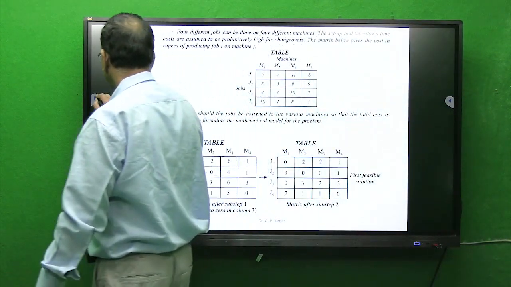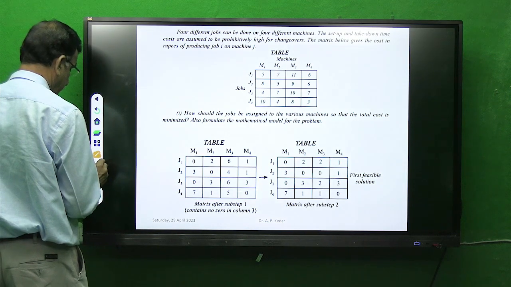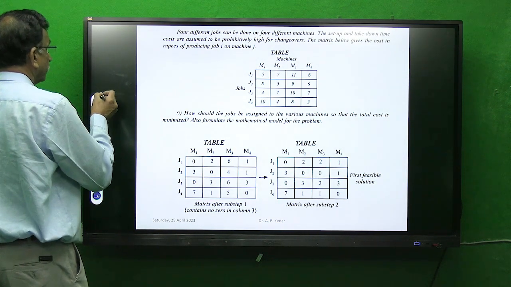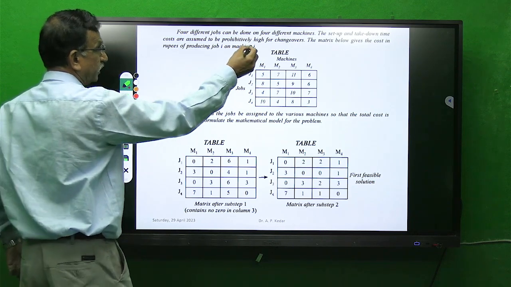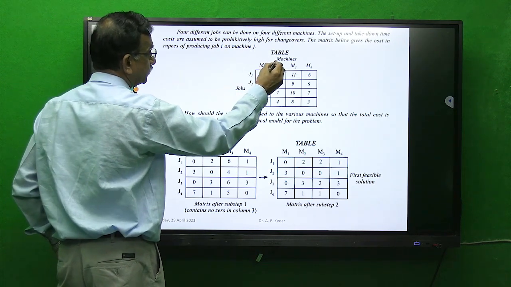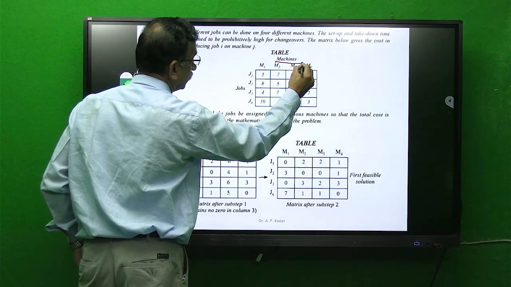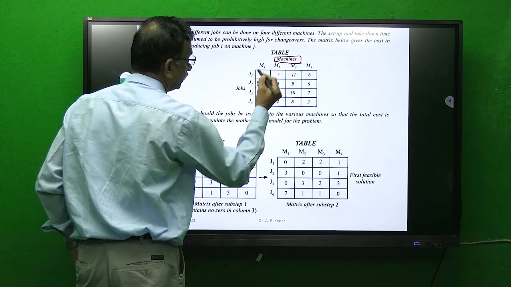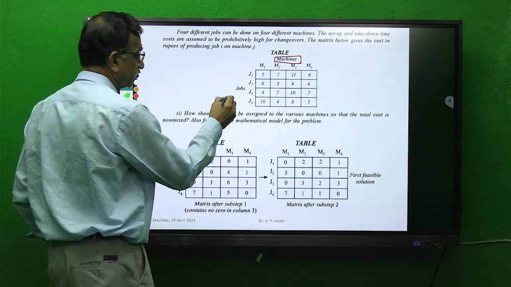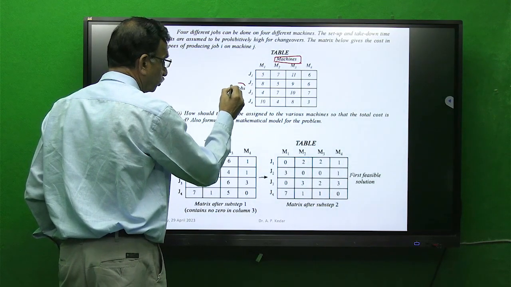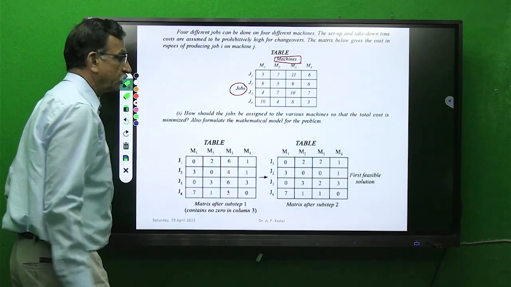In this problem, four different jobs can be done. Again, the machines; in the earlier problem it was the job, now in this problem it is the jobs to be allocated to machines.